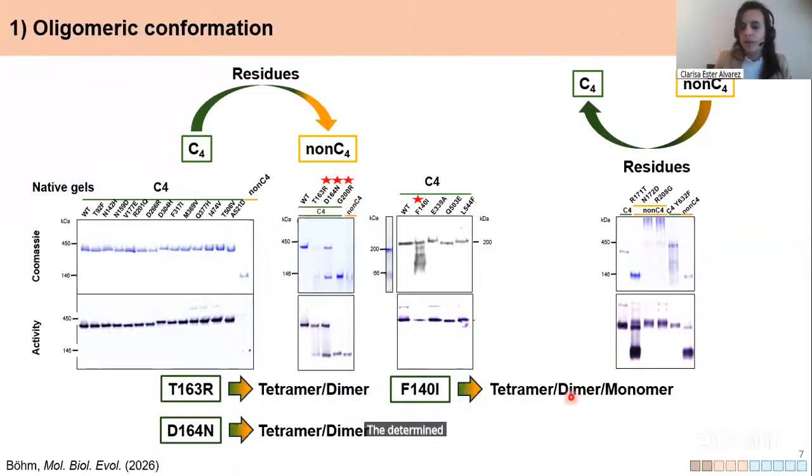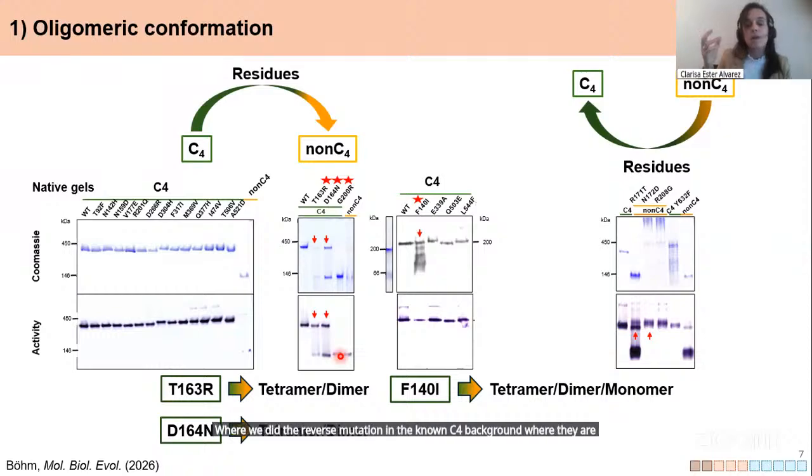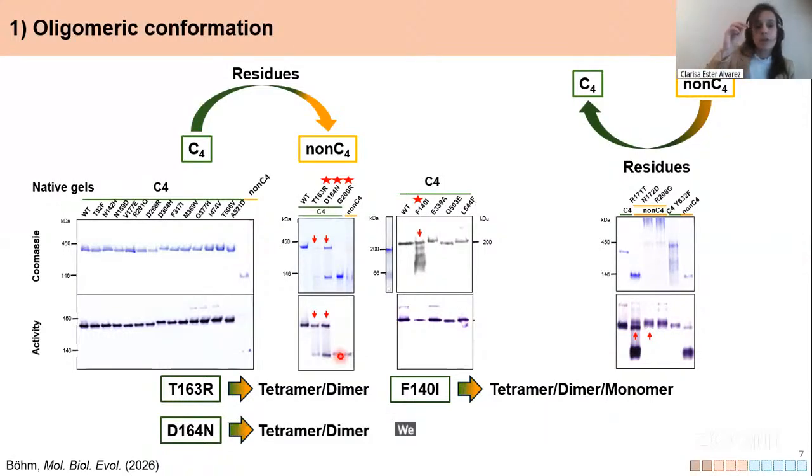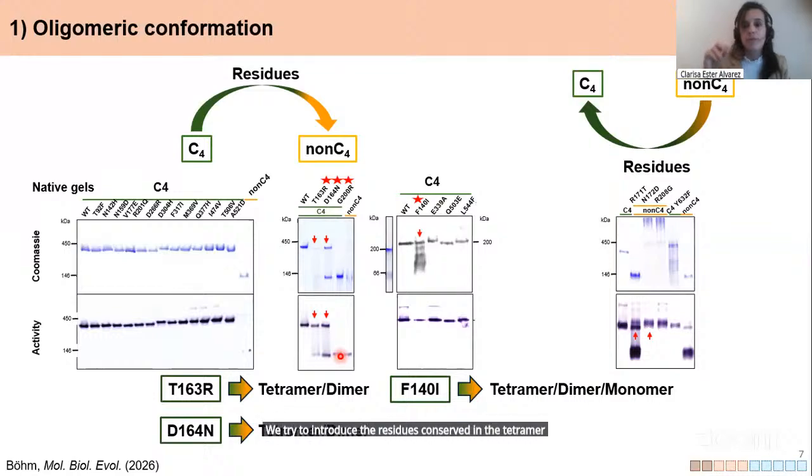What did we find? We found that threonine 163 and aspartate 164 partially destabilize the tetramer. We did the reverse mutation in the non-C4 background, where they are dimers. We tried to introduce the residues conserved in the tetrameric isoform, and we found that this promotes higher order oligomeric states.